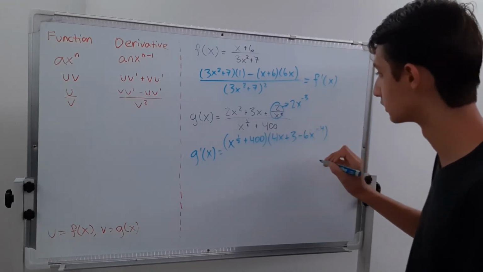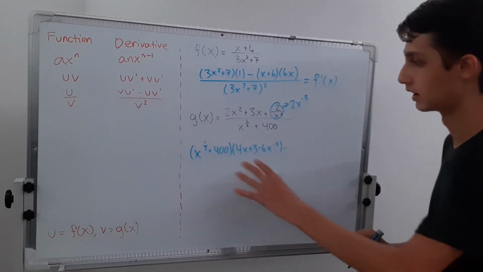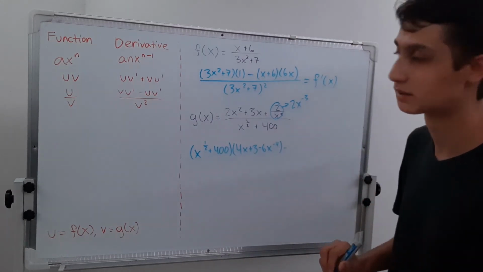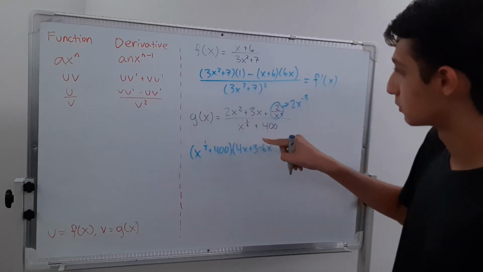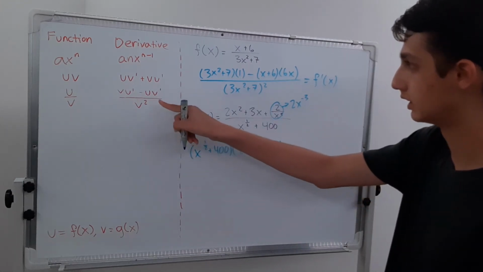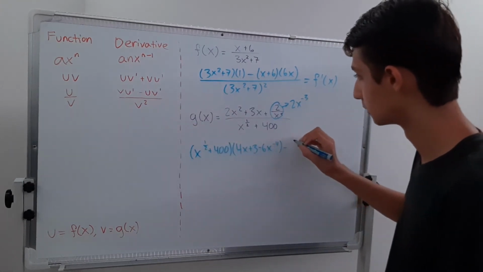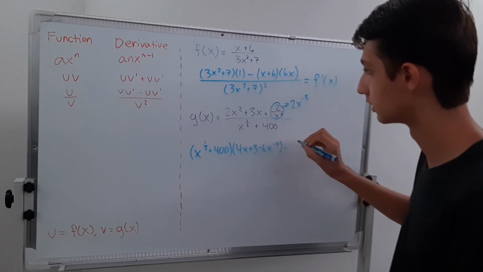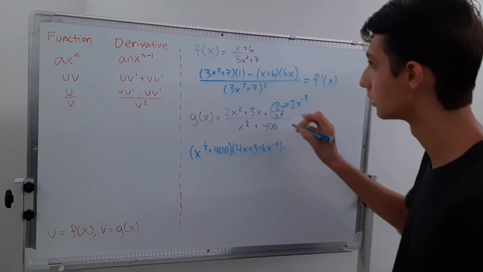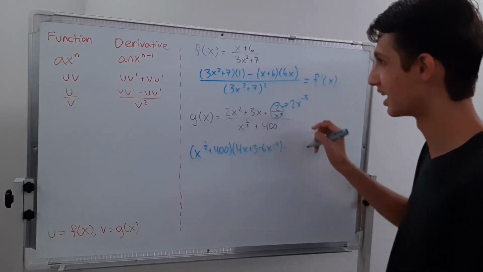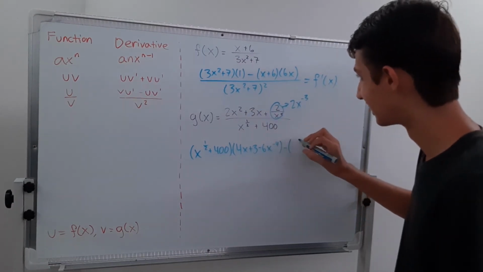I don't have enough room here. I just erased the g prime of x, but you know it is the derivative. So then we're going to subtract the u. Wait, no, yeah, this is the top function, okay, I got a little confused there.